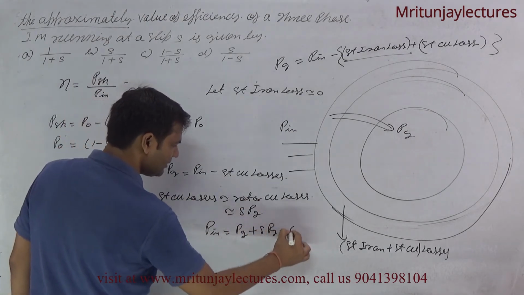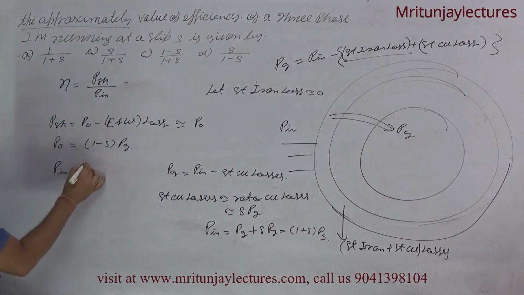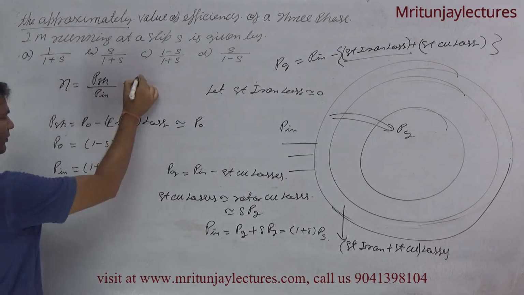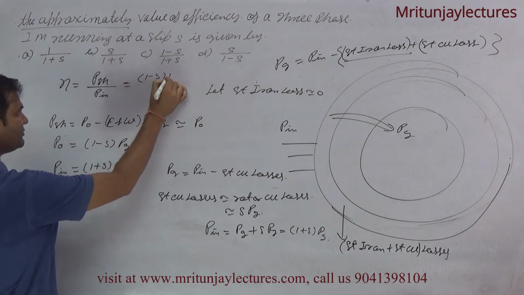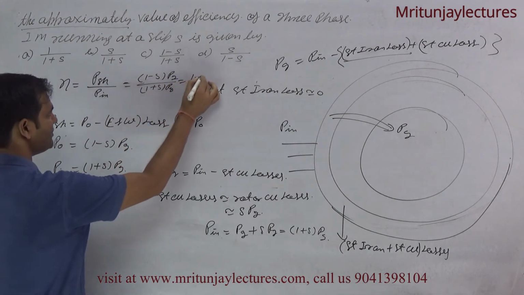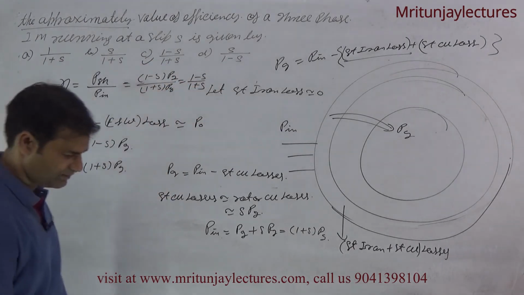So finally, (1 plus S) into PG. So what about efficiency? (1 minus S) into PG divided by (1 plus S) into PG, that is (1 minus S) divided by (1 plus S). Which one is the correct option? C is the correct option.